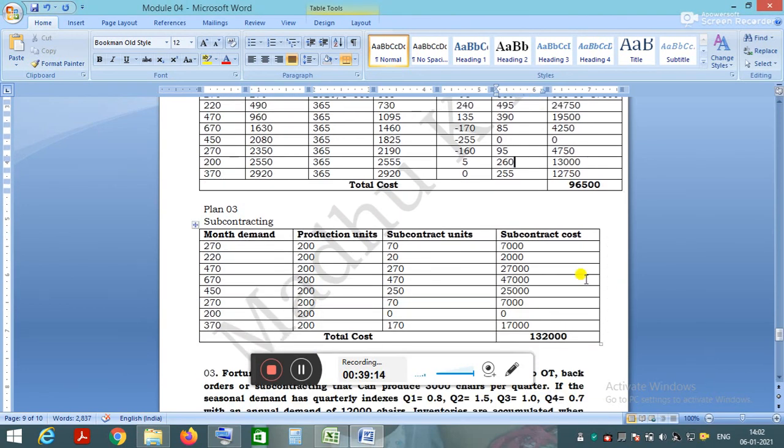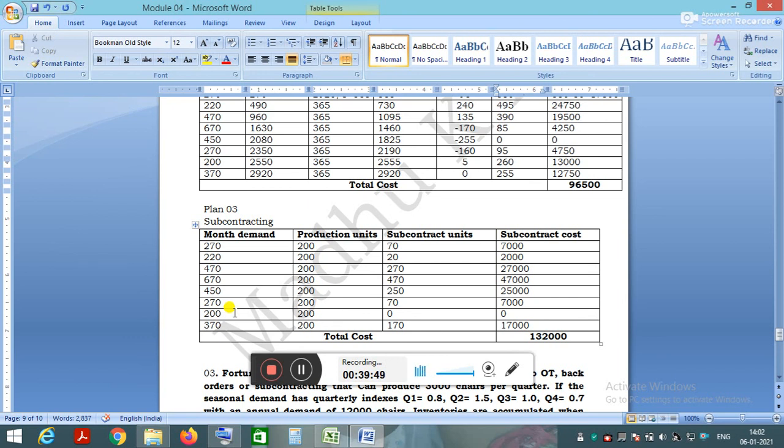Similarly, the 3rd plan is subcontracting. In subcontracting, first go through the demand for the months: 270, 220, 470, 670, 450, 270, 200, 300. The minimum demand is in the 7th month, which is equal to 200.